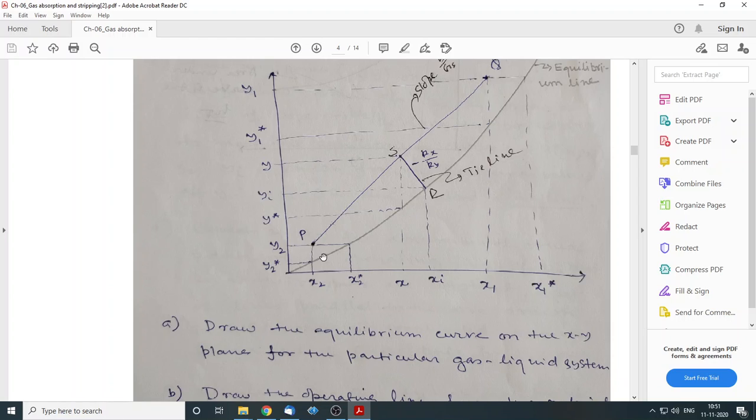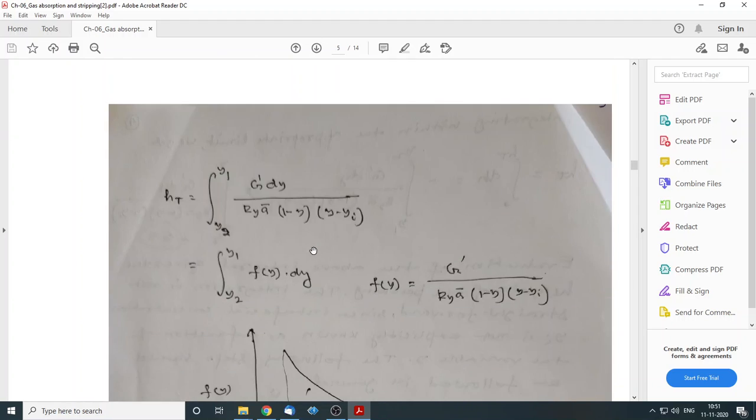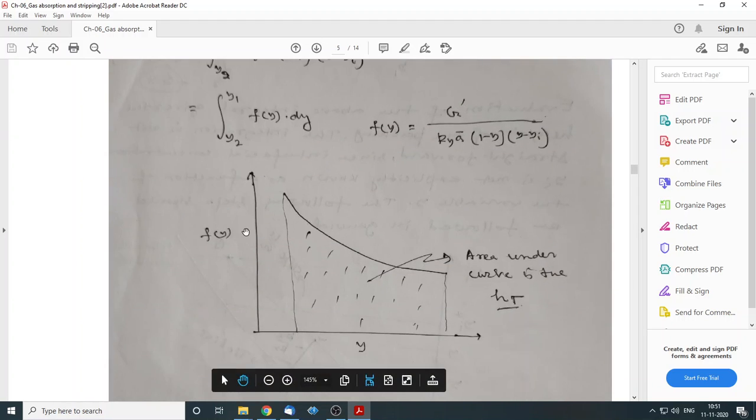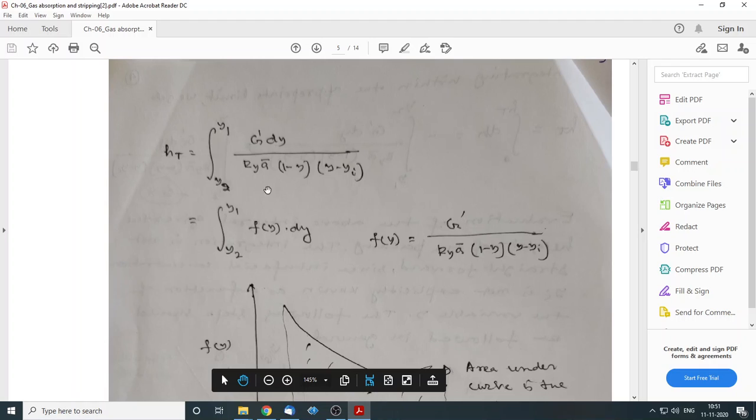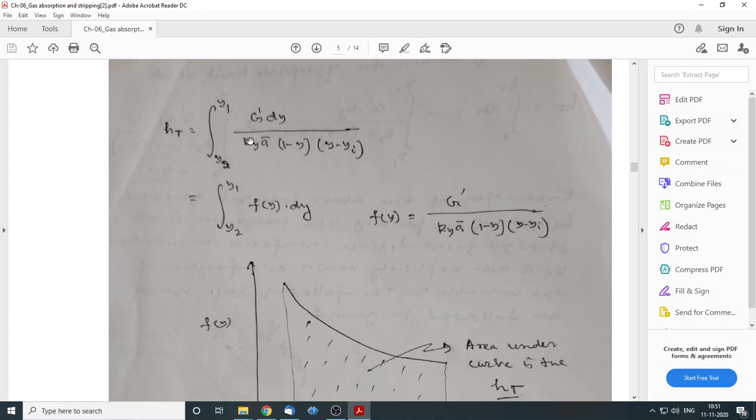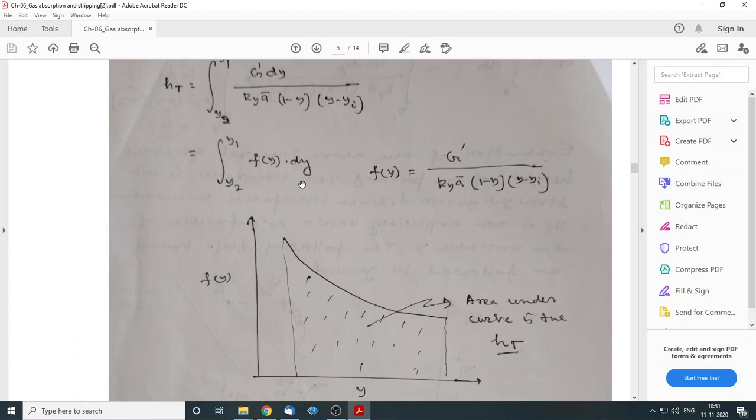Once I get yi, then for a particular y I will calculate the integrand. What is the function? The function is G dash divided by ky a bar into 1 minus y into y minus yi. So the function f(y) equals this, and the integral is f(y) into dy.